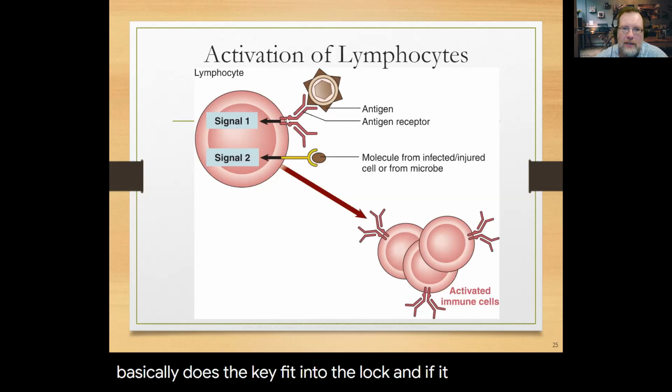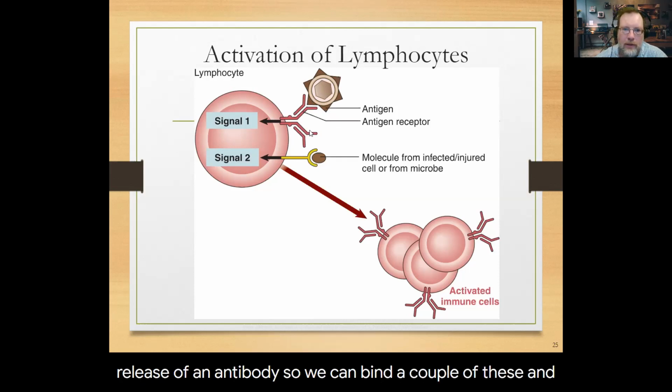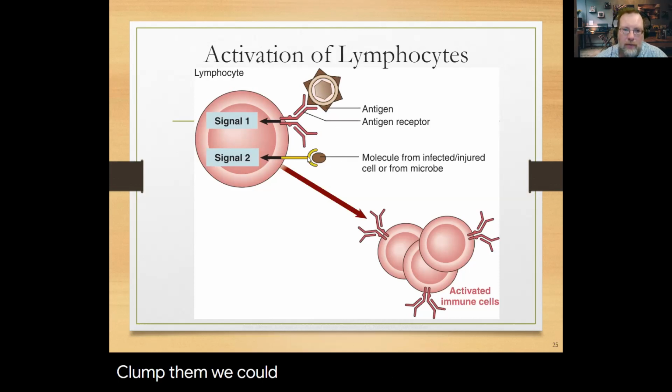And if it does, that could trigger some sort of reaction, whether it's the release of an antibody, so we can bind a couple of these and clump them. We have a secondary signaling mechanism that we see as well.